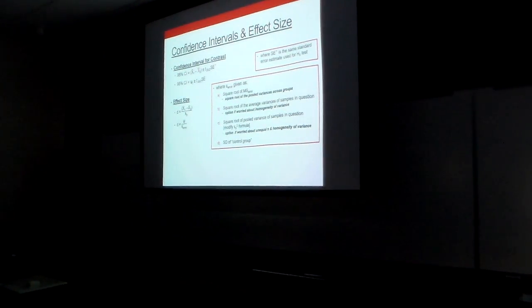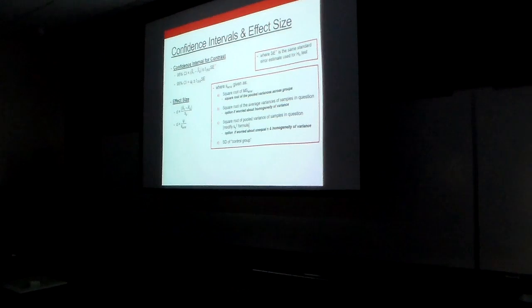So if I've got pooled is n1 minus 1 times variance 1 plus n2 minus 1 times the second variance. But what if I have 3 or 4 groups that I'm needing to pool together?